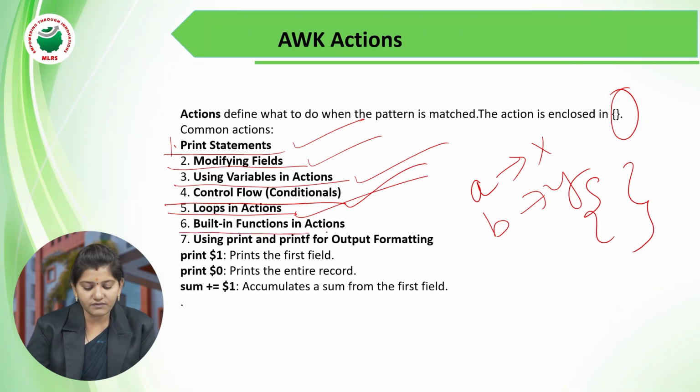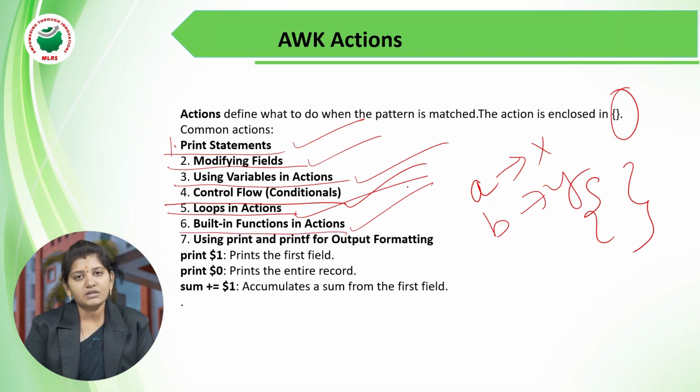And then coming to the built-in functions in actions, which we need to use. And next is using print and printf for output formatting. Depending upon the inputs that we are giving, we get the outputs.